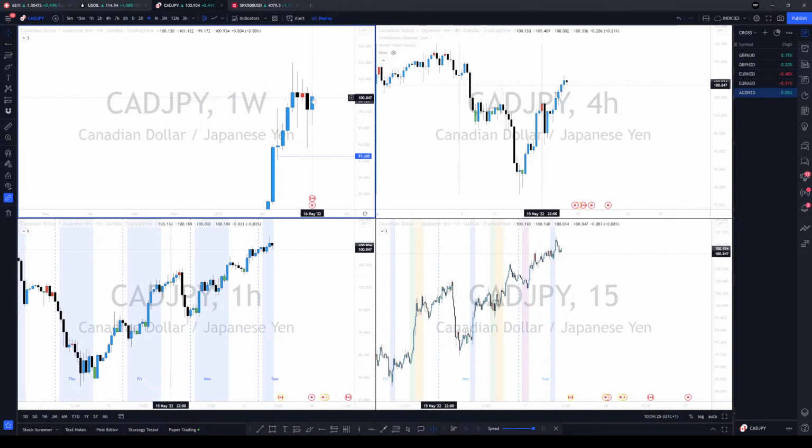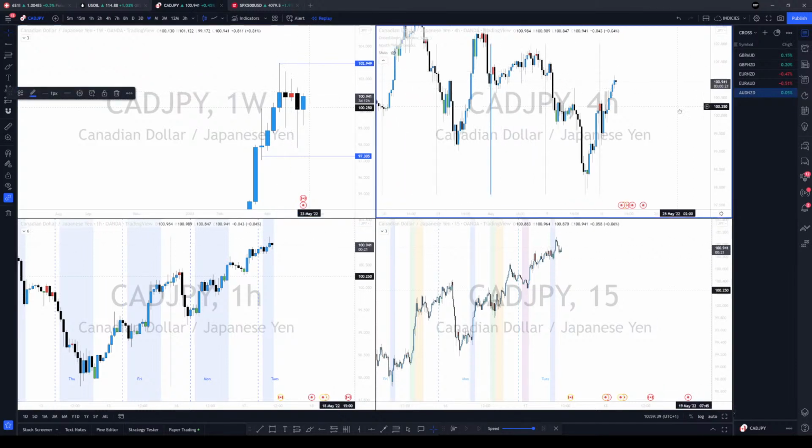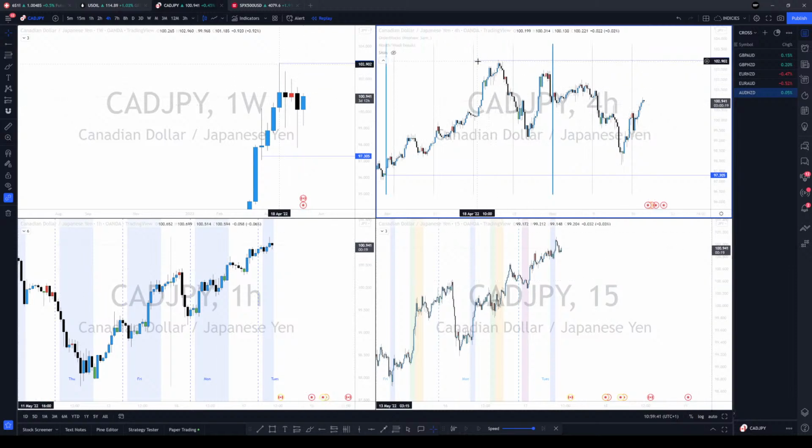Right, there are two ideas going through my mind. One is we are bullish, therefore price will come back and attack this high.